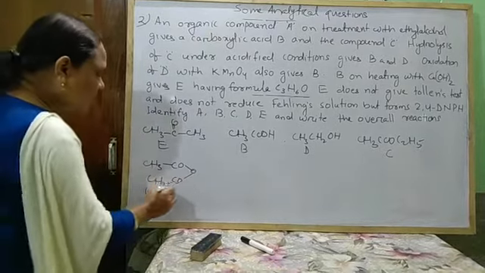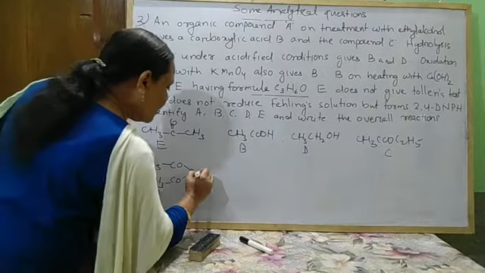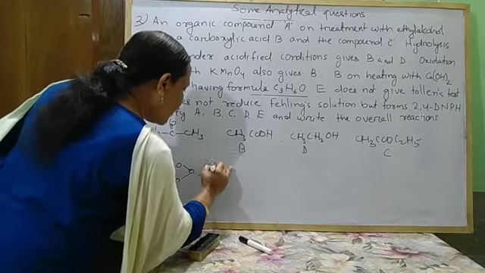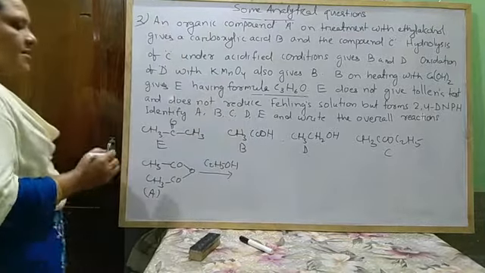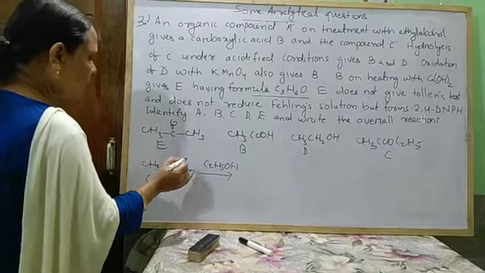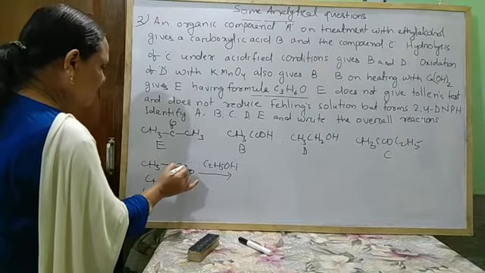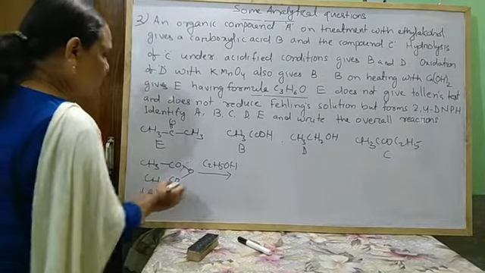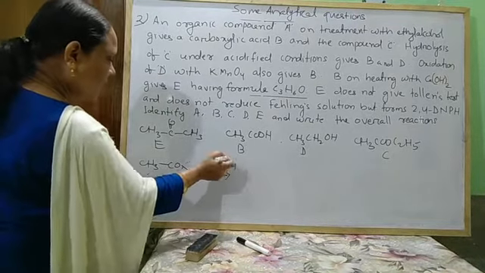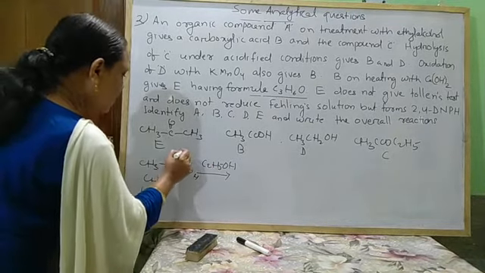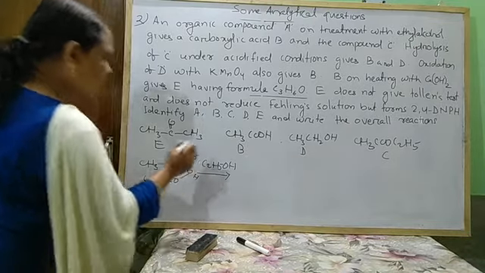Look here. When this acid anhydride is treated with ethyl alcohol, bond breaking takes place suppose here. So it forms H and another H and here OC2H5.